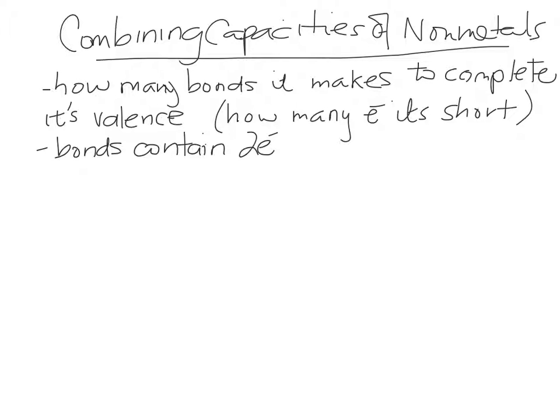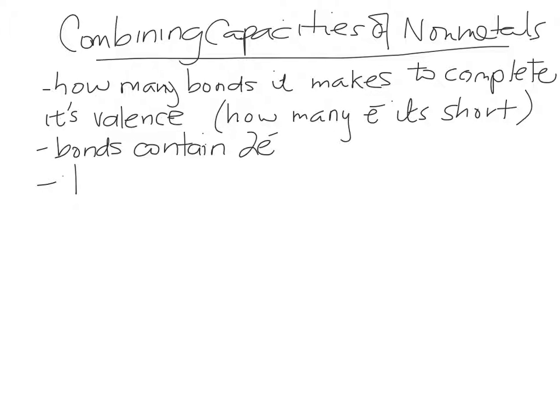Now, if you think about it, if you look at a periodic table, with the exception of the first row, most atoms want to end up in the right-hand column, the noble gases, which for the second and third row means 8 electrons. So we often call this the octet rule.